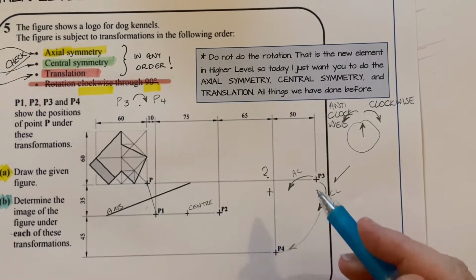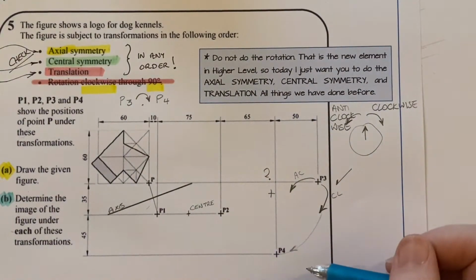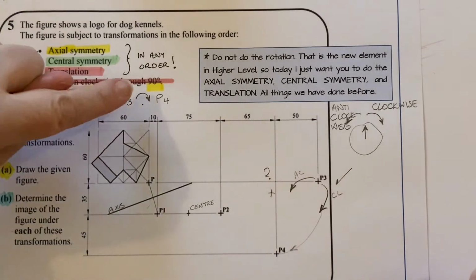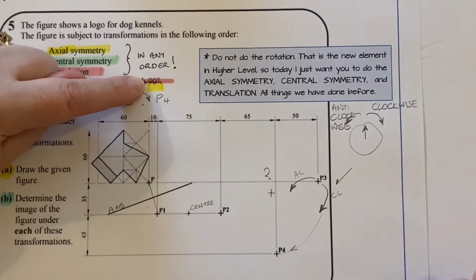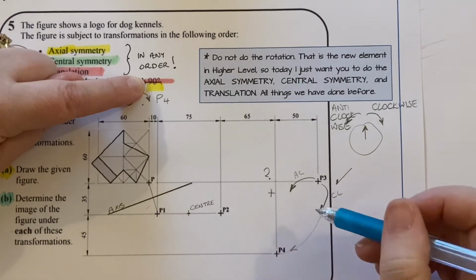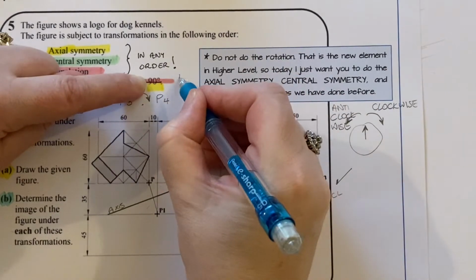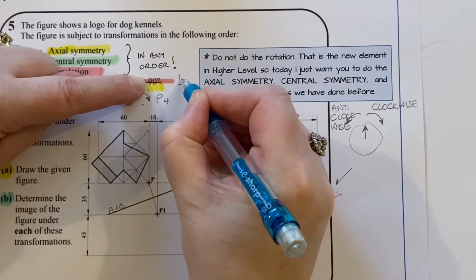Okay, now how do I figure out where the rotation point is? Well, this is where we go to our second piece of information, 90 degrees. 90 degrees is, as we already know, a right angle, a perpendicular angle.